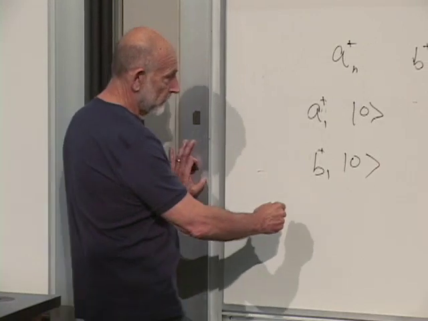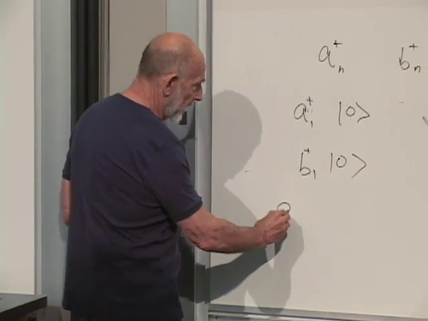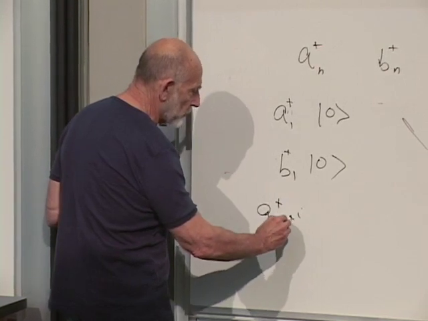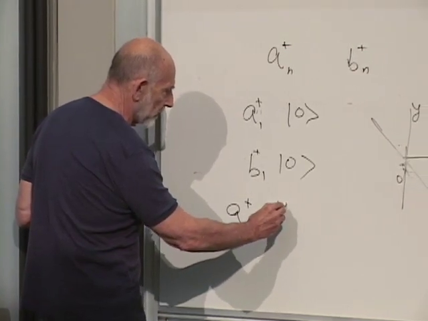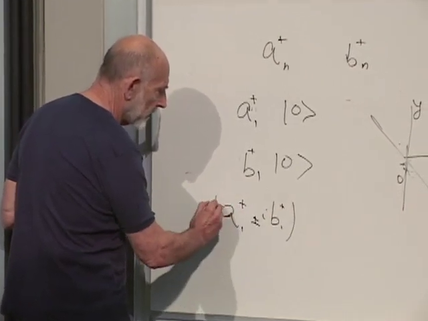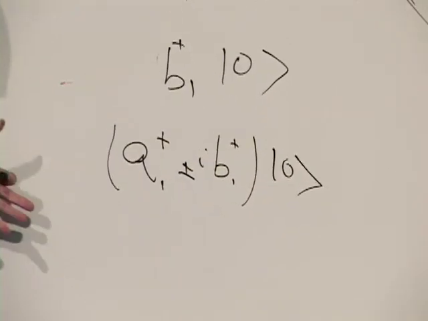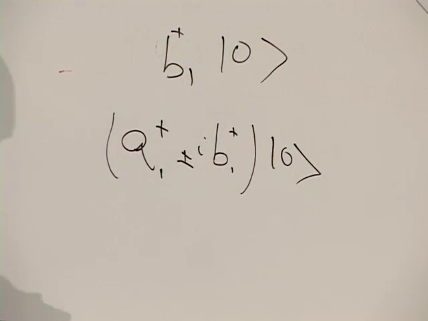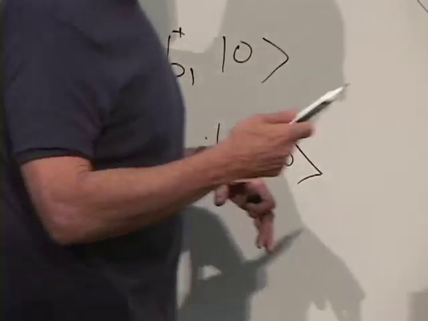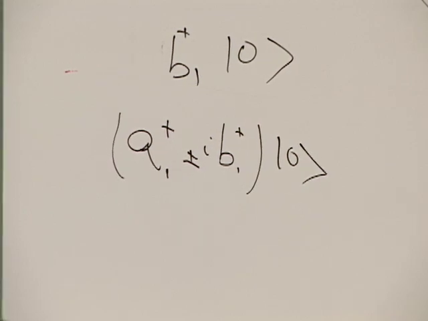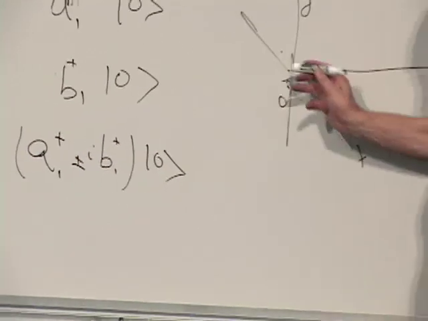Forward and backward. A plus 1 plus I, or minus I, B plus 1, with I just being the complex number. The superposition of two plane polarized waves without the I would just correspond to plane polarization at some angle.